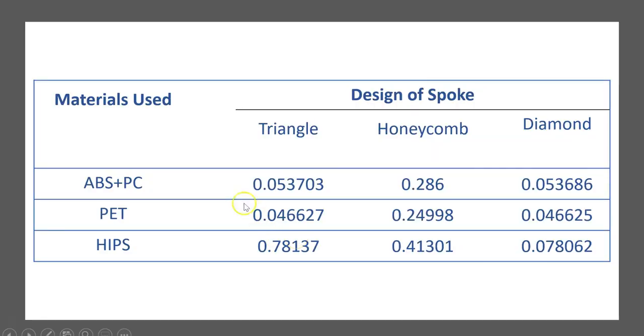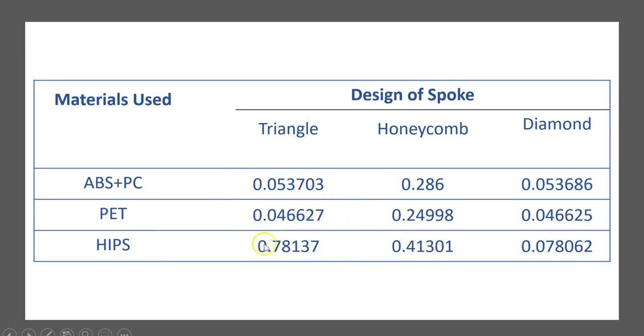So this table shows the deformation in millimeters that was produced from the previous slide. It shows that overall the diamond design structure had the smallest amount of deformation, and the honeycomb design had the highest amount of deformation for the overall amount of materials used.